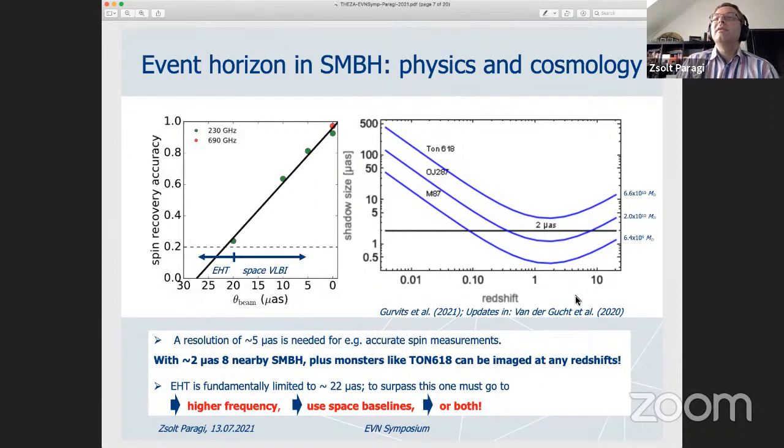You can see that not just these 2 black holes, M87 and the galactic center, but a number of other black holes would be visible. I believe about 8 other black holes nearby, but also for the most massive black holes, you could resolve them in the entire universe.